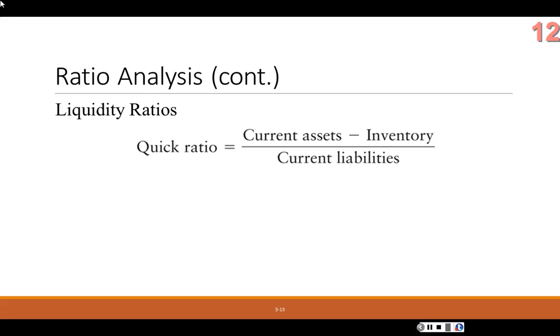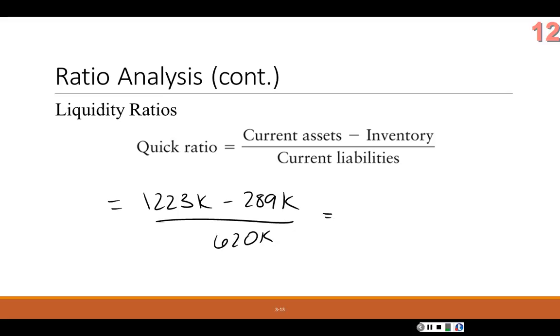We can do this for Bartlett Company. So we know our current assets found on the balance sheet is 1,223. If we subtract off inventory, that's 289. And we divide by current liabilities of 620.